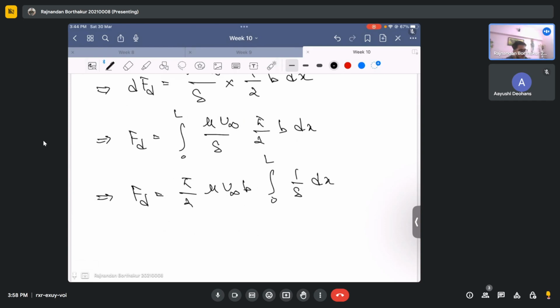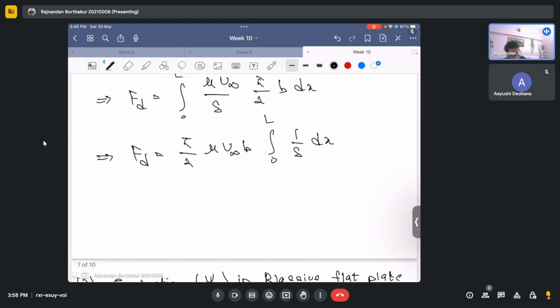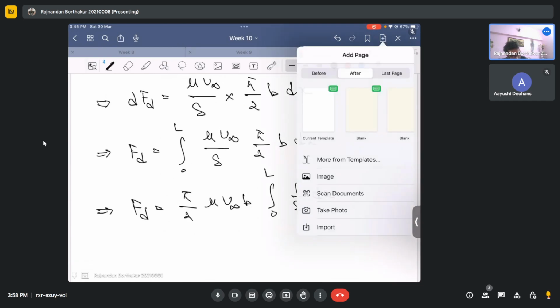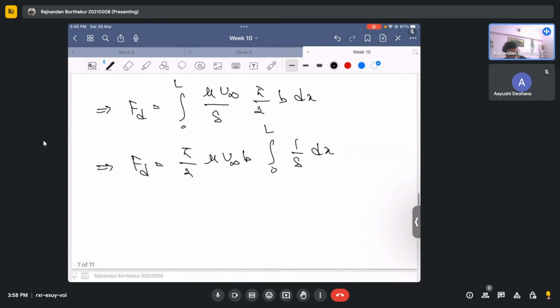And you know what delta is, right? Because we have already evaluated how delta varies along x. If you remember, we evaluated that delta by x was 4.80 by square root of Rex.